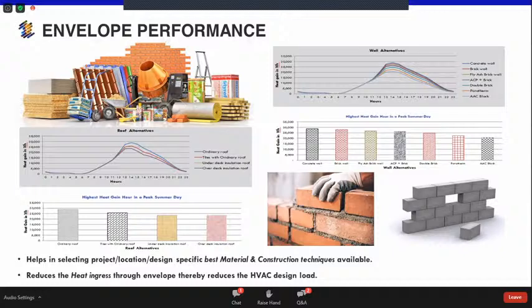So we will be analyzing different types of walls, including the double wall and sometimes the common wall called the rat trap wall. We will analyze the different walls and find out whichever is more appropriate for the building.